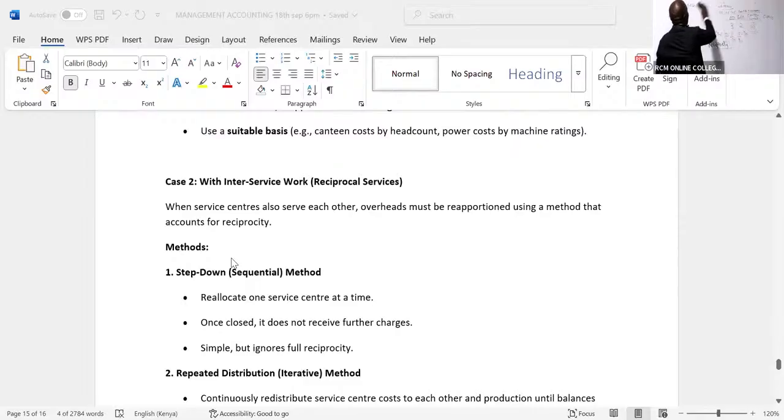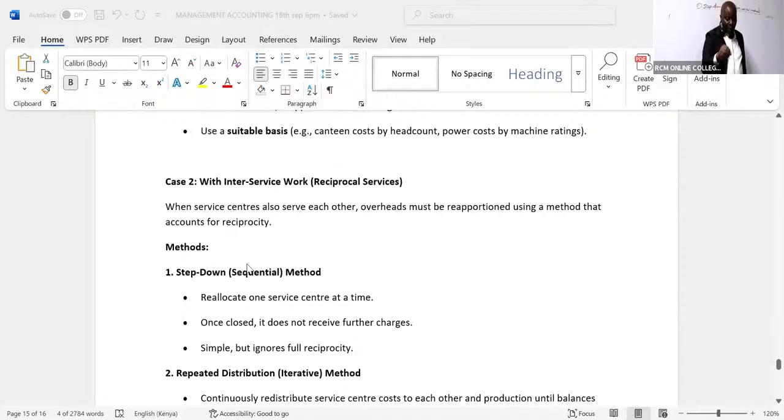At times your examiner uses the word sequential. The step down method is also known as the sequential method.